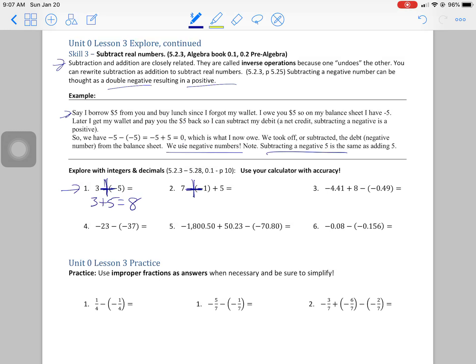So 7 plus 1 plus 5, 13. All right. Negative, decimal, positive, negative, negative. Change that. And then put them all in your calculator. Let me check this number that I have on my key.